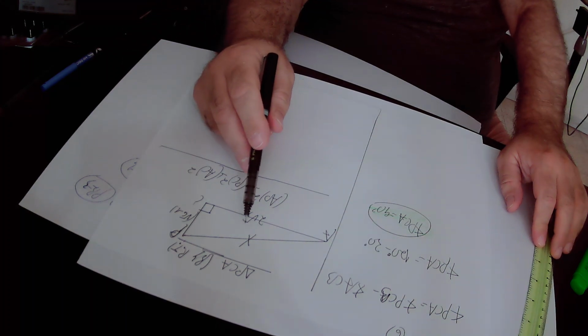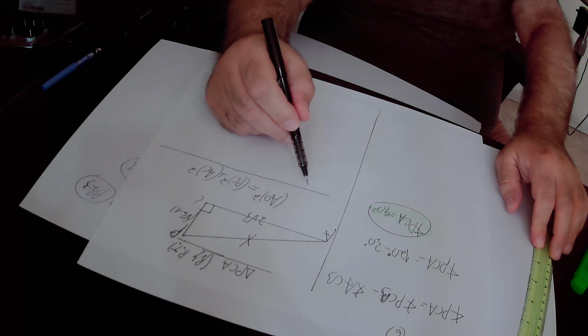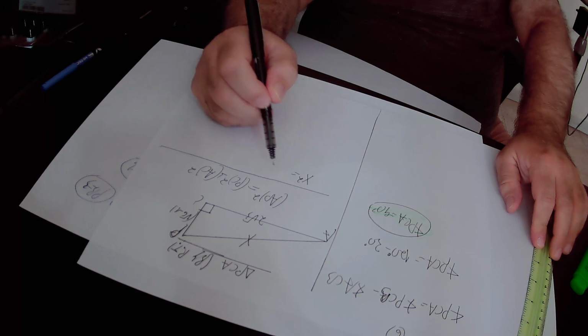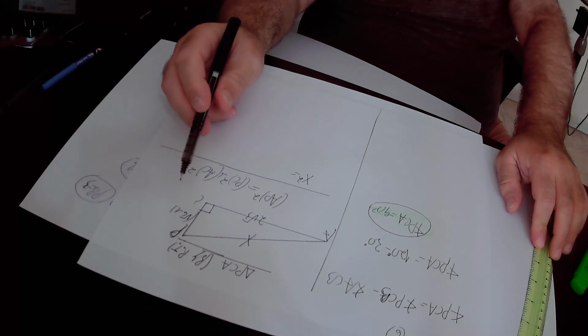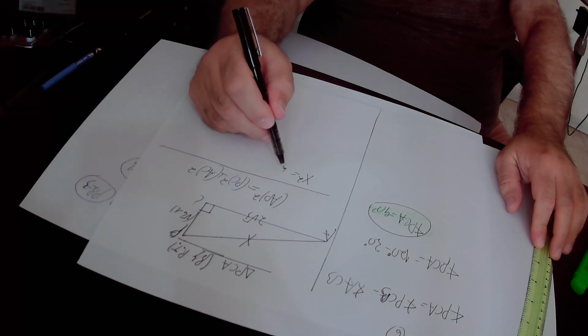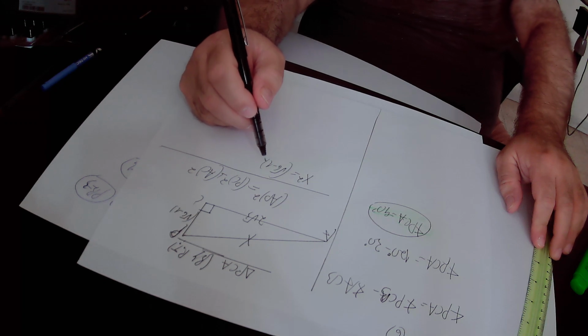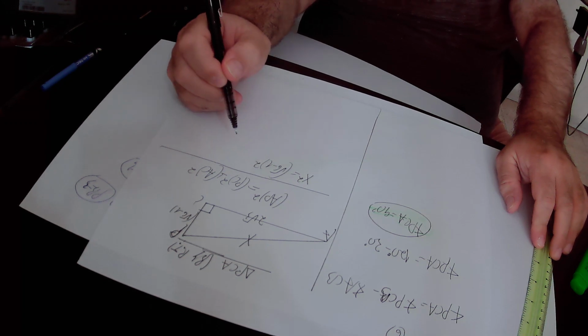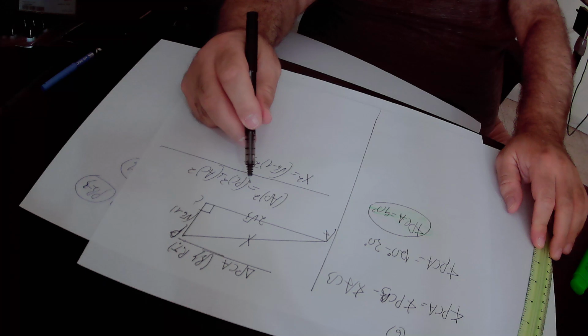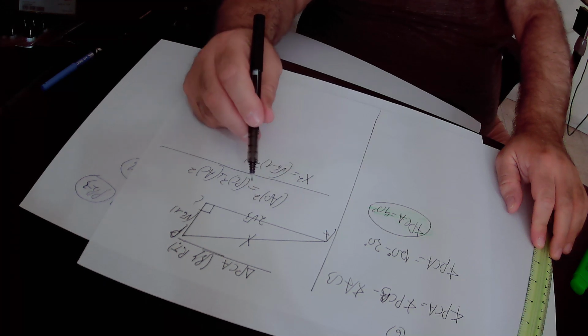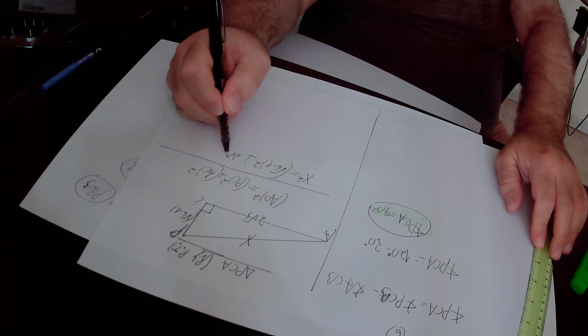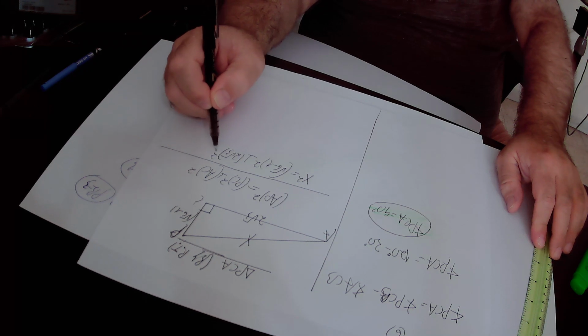Okay, according to the Pythagoras theorem, in this right triangle APC, AP squared equals PC squared plus AC squared. AP equals x, therefore AP squared is x squared, and it is equal to PC squared. PC equals square root of 6 minus 1, therefore PC squared will be equal to the square root of 6 minus 1, squared, plus AC squared. AC equals 2 times square root of 3 units, therefore AC squared will be equal to 2 times square root of 3, squared.